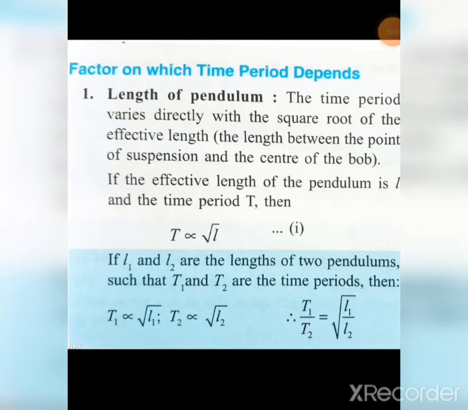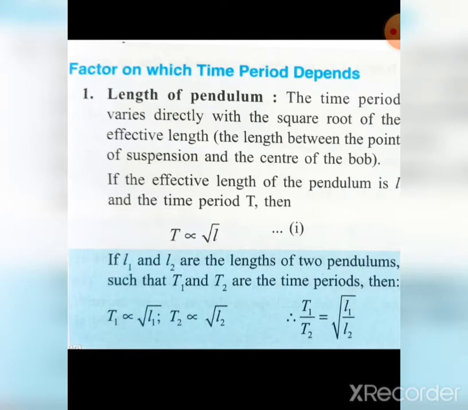Factors on which the time period depends. First, length of the pendulum. The time period varies directly with the square root of the effective length, that is the length between the point of suspension and the center of the bob.